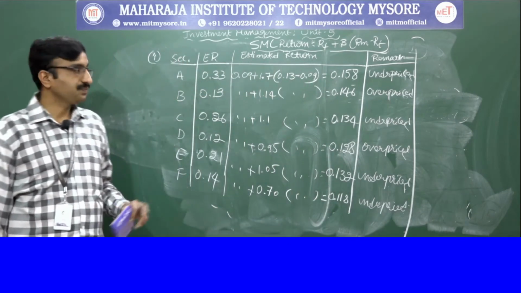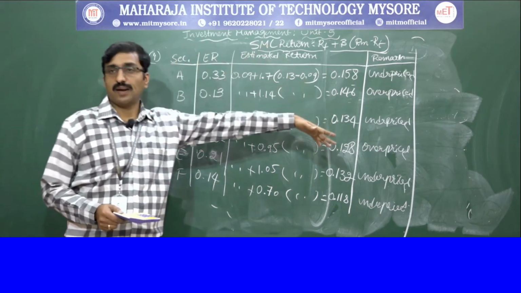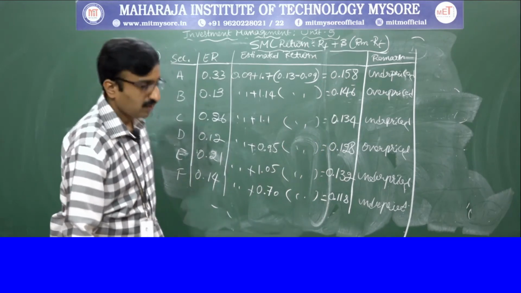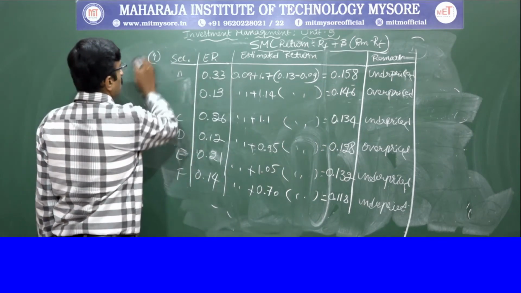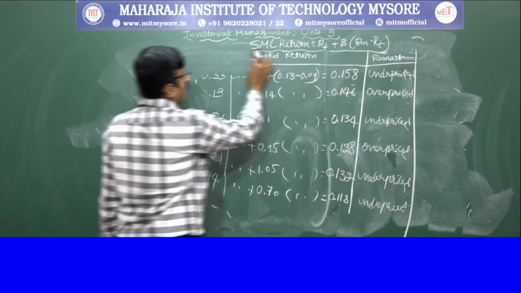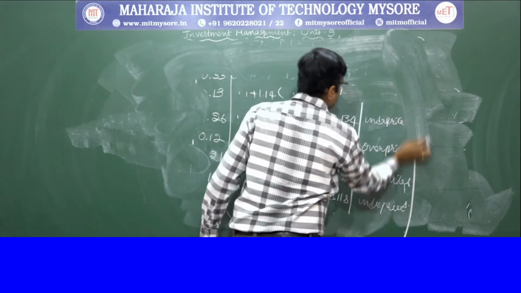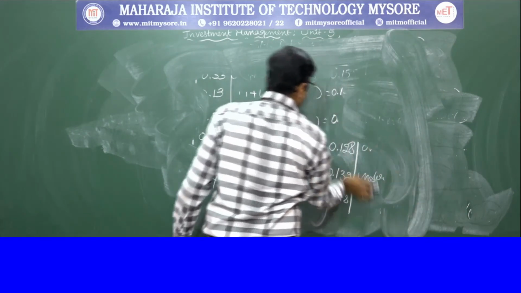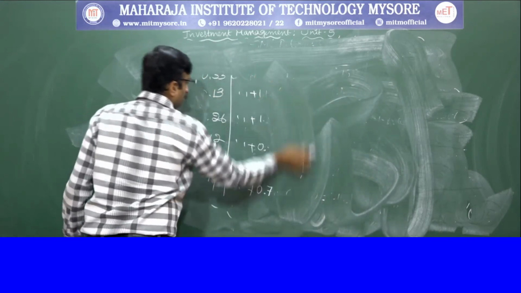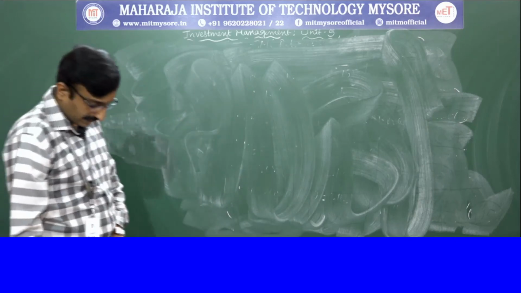This is how we calculate the estimated return and give remarks. We have answered the first question. Hope you understood. Next, moving on to the second question's answer. What is the second question?